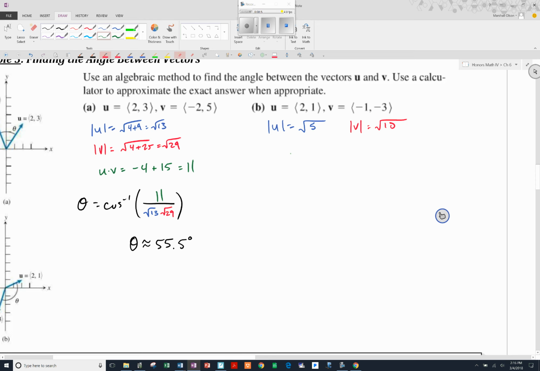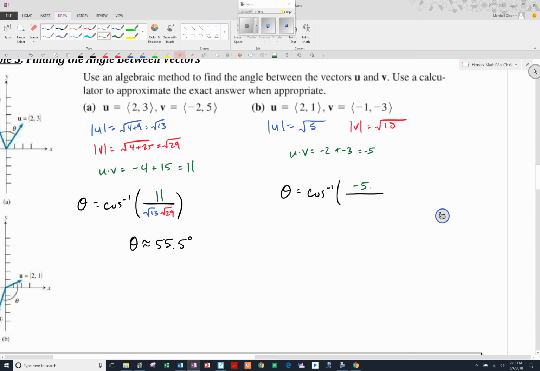And the dot product between those two is going to be negative 2 plus negative 3, which is negative 5. So theta is going to be equal to the inverse cosine of the dot product, okay, this time it is supposed to be negative, over the product of those magnitudes.